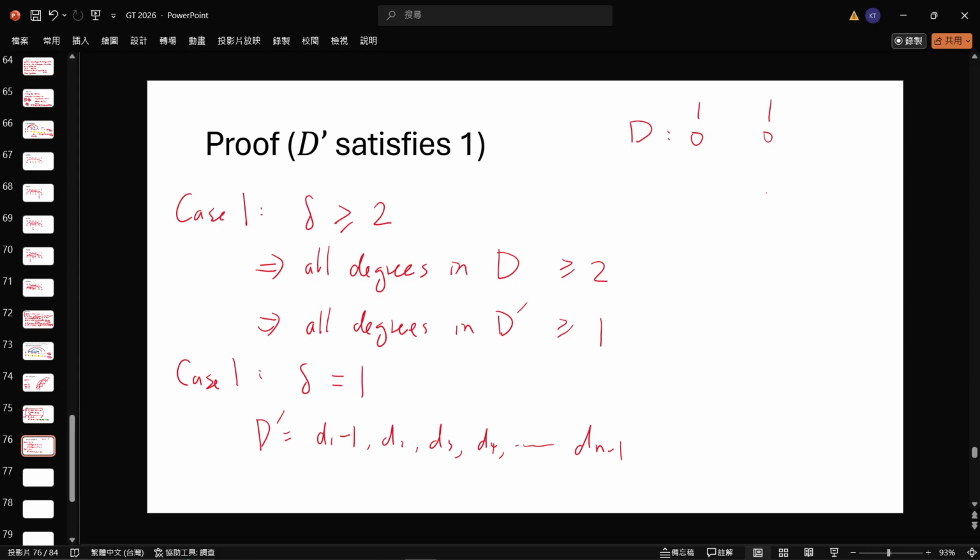So the length of D is at least 3, because if the length of D is 2, the algorithm will just find a graph for it.